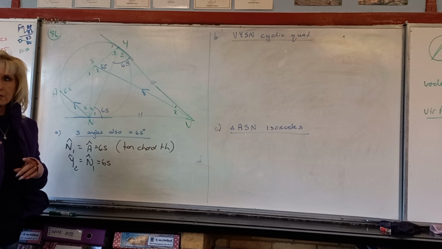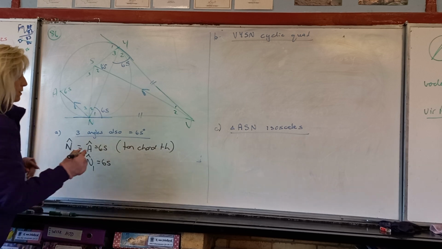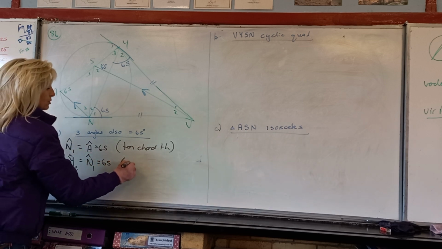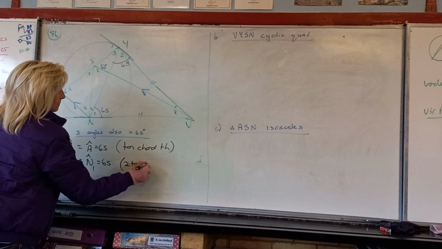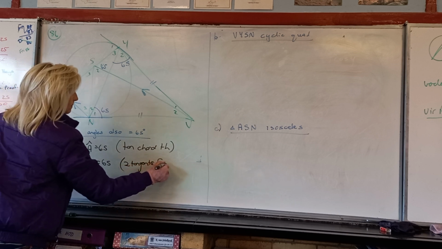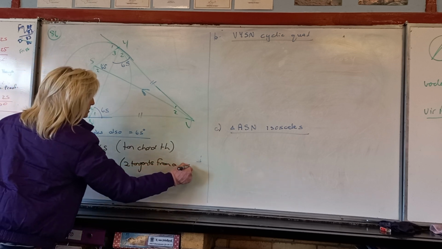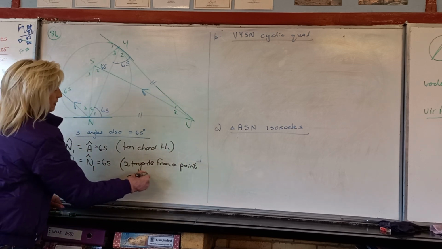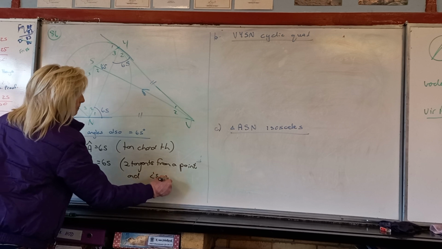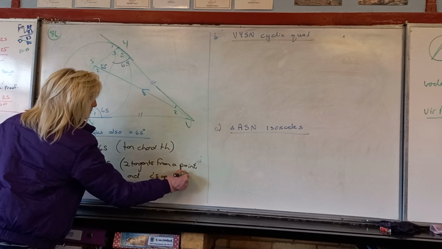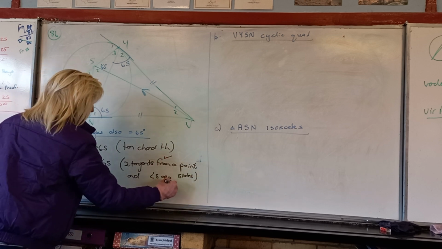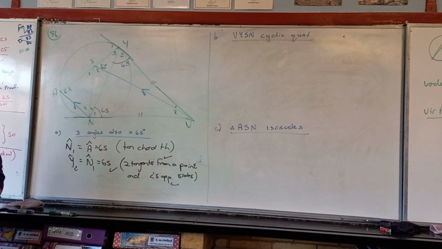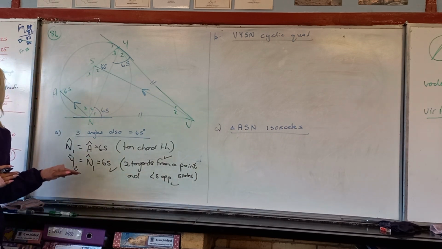Do not write isosceles triangle. So the reason is two tangents from a point outside of the circle will be equal in length, and angles opposite equal sides. Both of them. So that could be worth 3 marks for that one step.